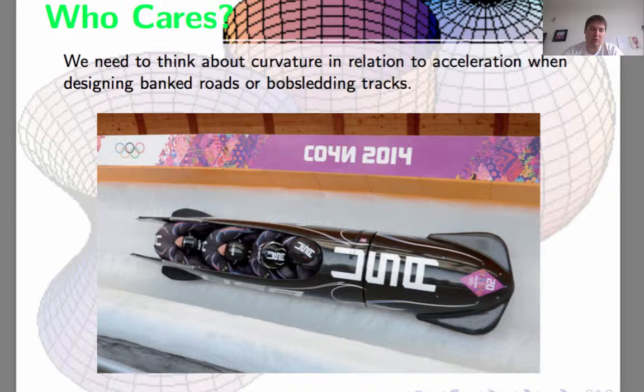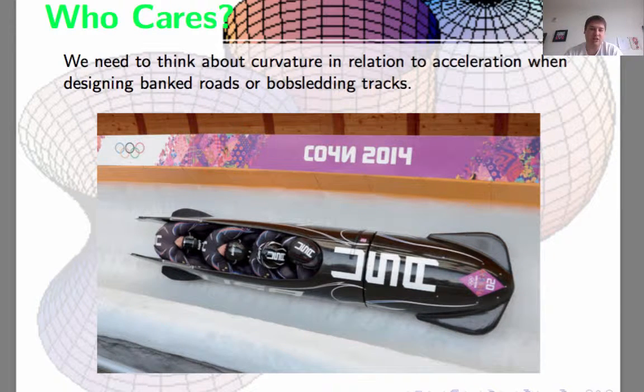So who cares? Why do we care about all this? One very important thing when you're talking about curvature and acceleration is when people are designing roads, or, as I've printed here, bobsledding. You've got these banked curves in a bobsledding track, and if those banks aren't at the right angle, if you don't have the right curvature to compensate for the acceleration of your bobsled going down the track, you will go flying off the track.